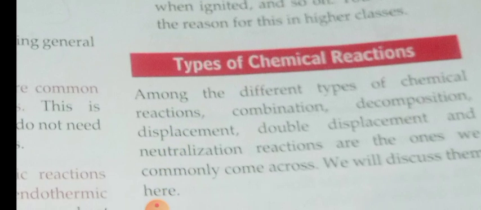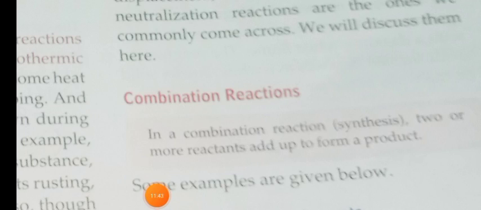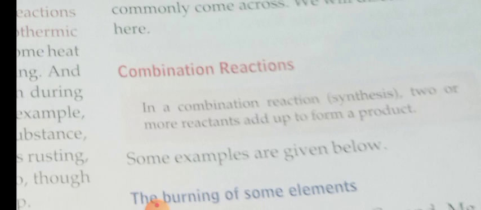The next one is types of chemical reactions. The first type of reaction is the combination reaction. In a combination reaction, when two or more substances add up to form a product, the reaction is called a combination reaction.